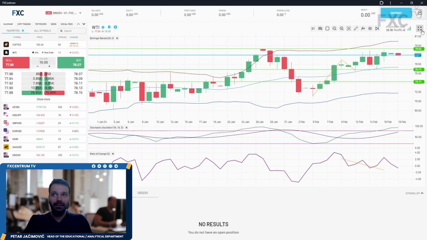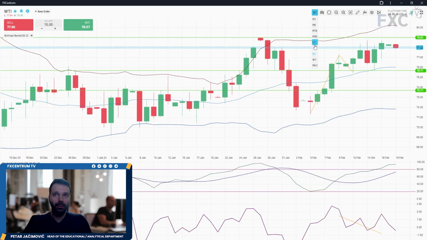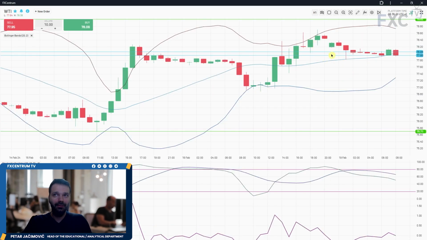And now I will also go through a lower time frame, so we can click here and check lower time frames. We can see here that market is doing this pullback. We can see this like a potential bull flag, but I would like to see the market continue and rebound from this area and potentially retake the 78.60 mark.